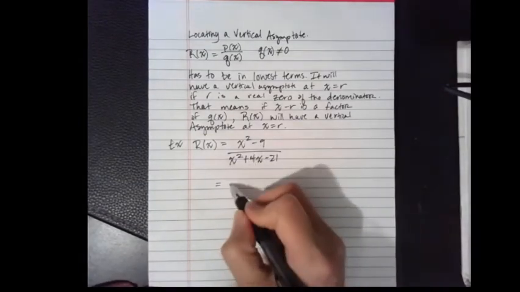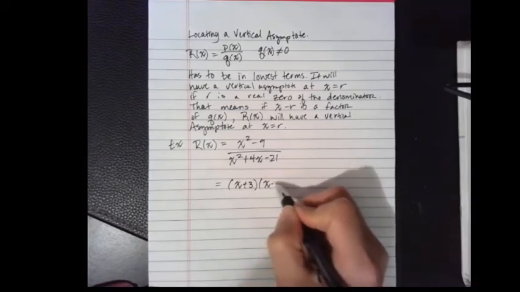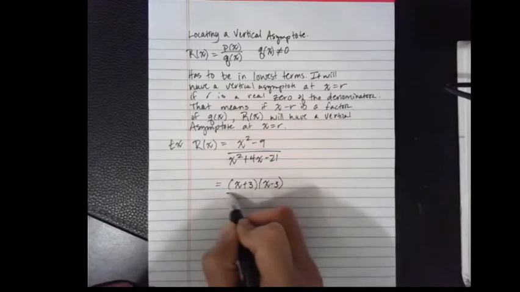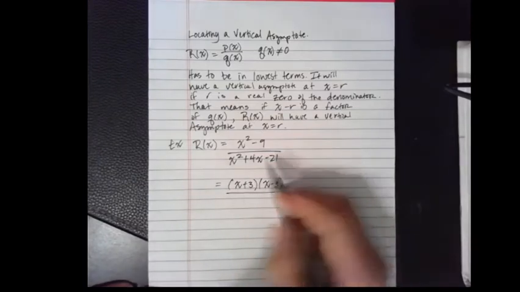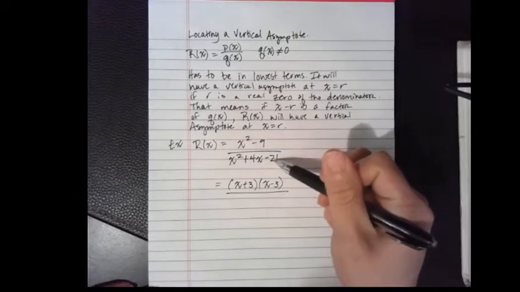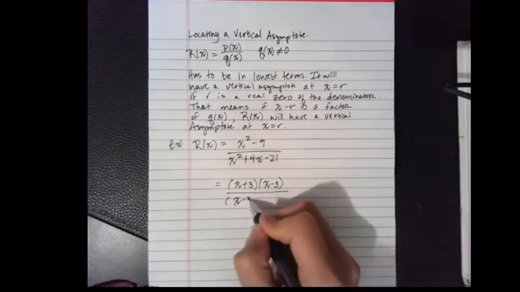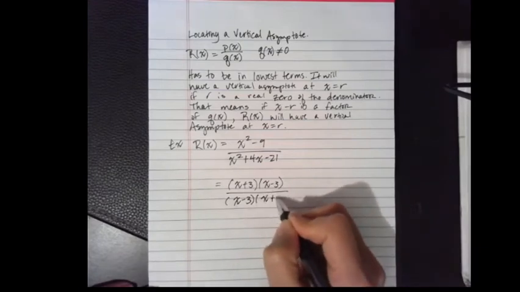So difference of squares tells me the numerator is x plus 3 times x minus 3. And this is being divided by, if I factor this, I'm looking for the terms of negative 21 that will add up to give me 4. So x minus 3, x plus 7.